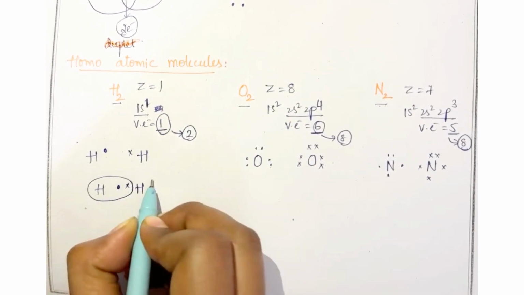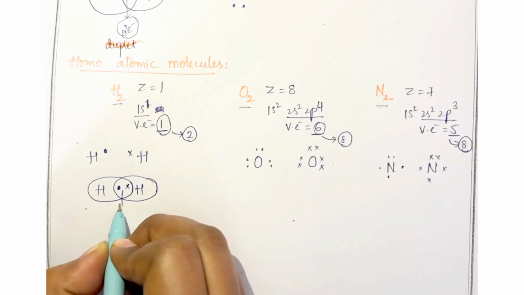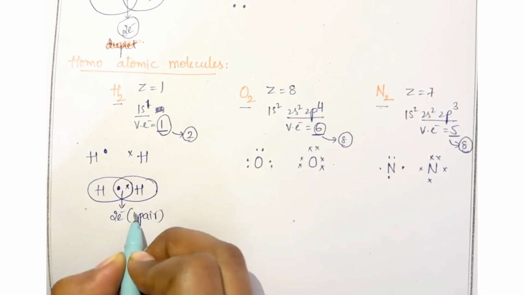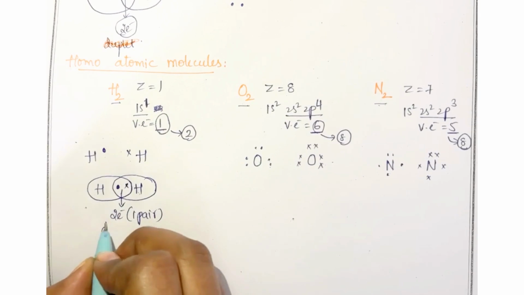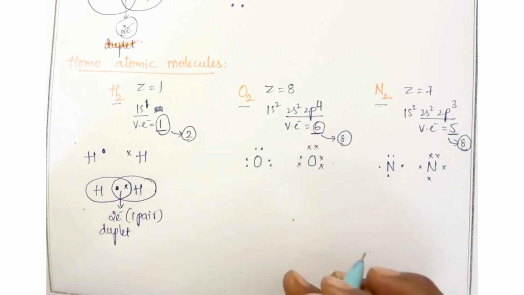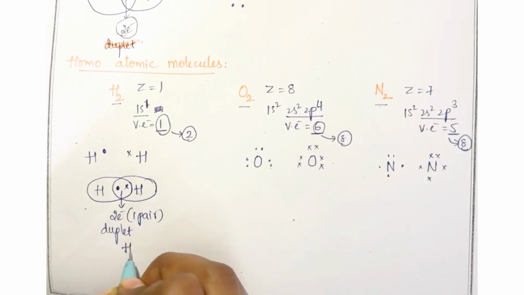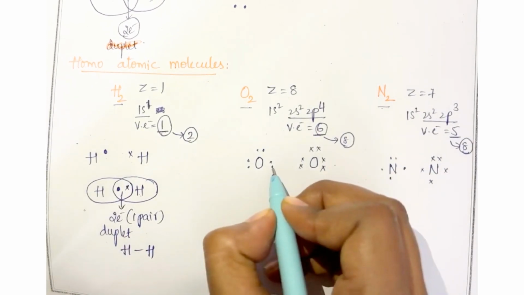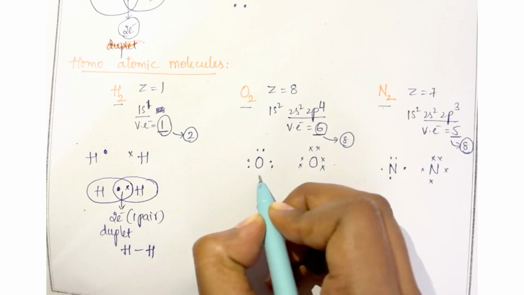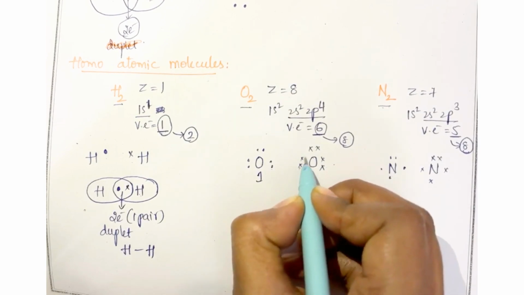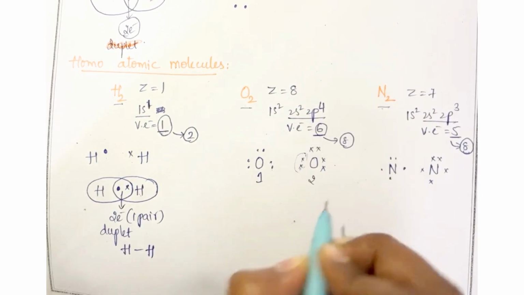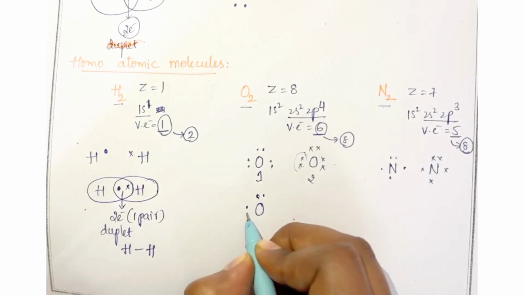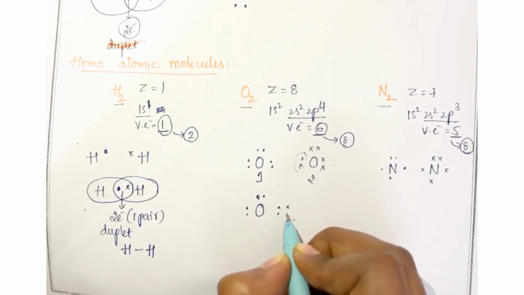Now those two are shared among the two atoms. These 2 electrons, that is 1 pair, belong to both the hydrogens. Such configuration is called duplet configuration. And how do we represent? With a single line. Similarly, if you look at oxygen, these 2 electrons are contributed by first oxygen, these 2 electrons are contributed by the second oxygen. So you see the bonding this way.